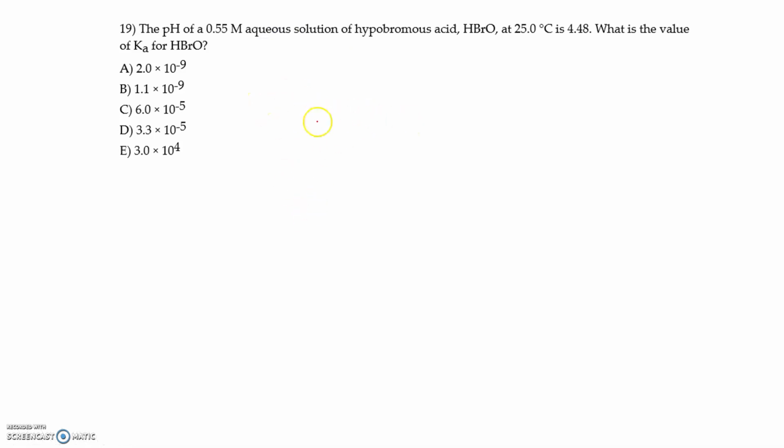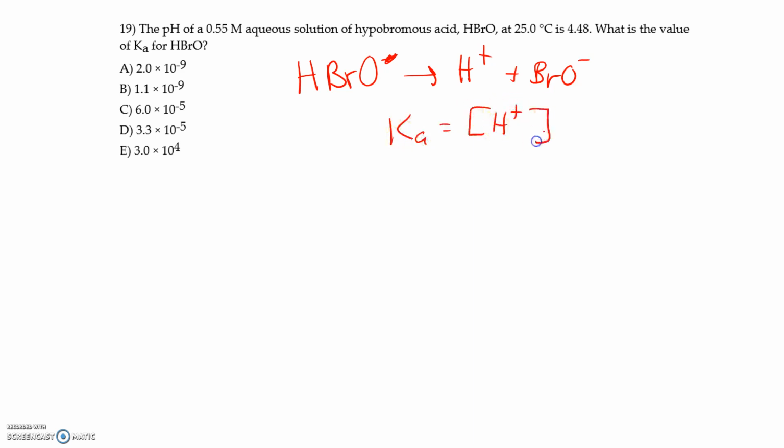So in this case, my acid is HBrO, and it's going to dissociate into H plus and BrO minus, which means my Ka is going to be equal to H plus times BrO minus over the concentration of HBrO.